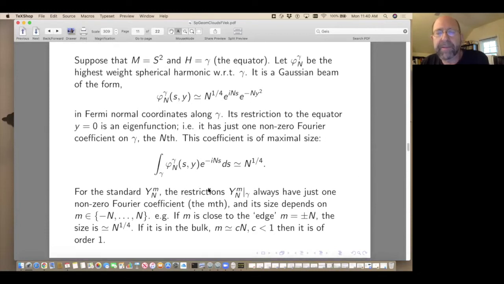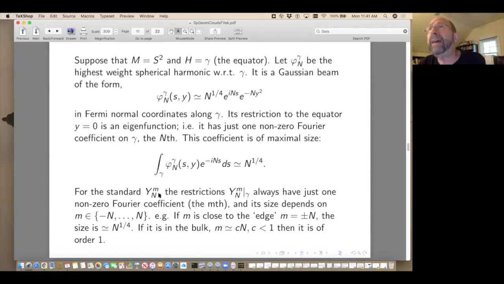Okay, so if you took any one of these Y_mn, as I mentioned, they have only one non-zero Fourier coefficient along the equator. The size of the Fourier coefficient depends on m. Here I'm making gamma the closed geodesic, the equator. As Mike Geis has been studying, if you make H a latitude circle instead of a closed geodesic, then some of the Y_mn can also kind of explode, when m over n is well related to the latitude circle.